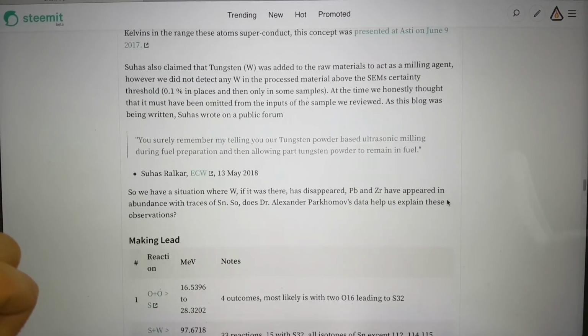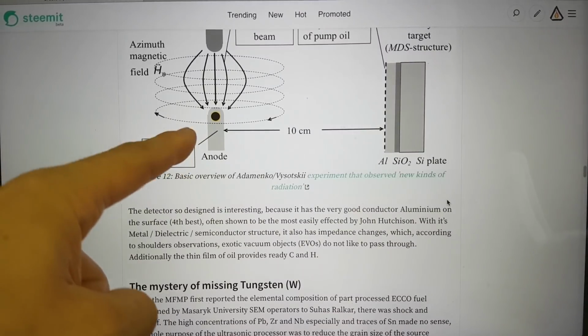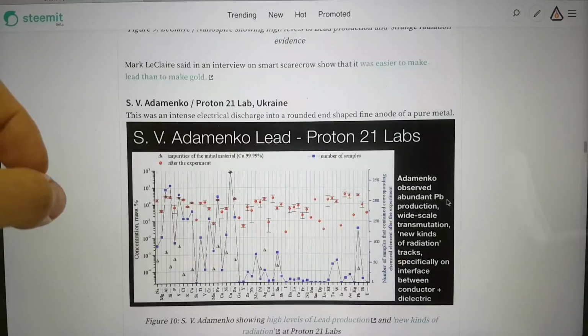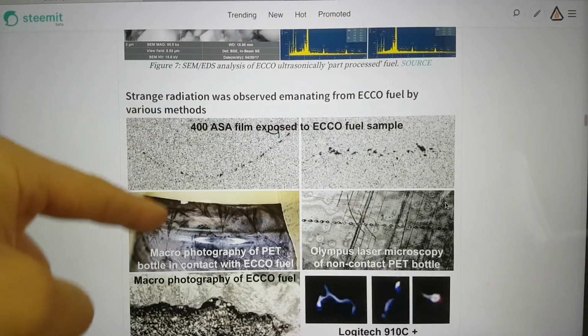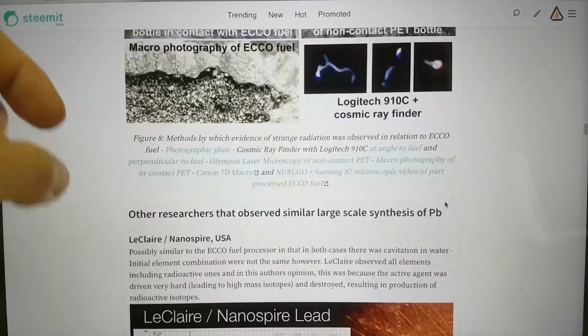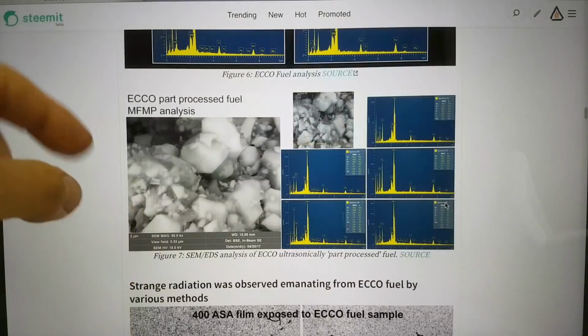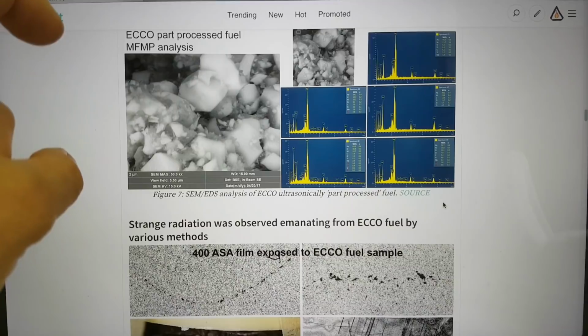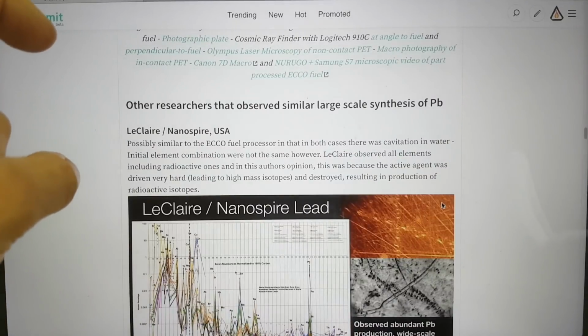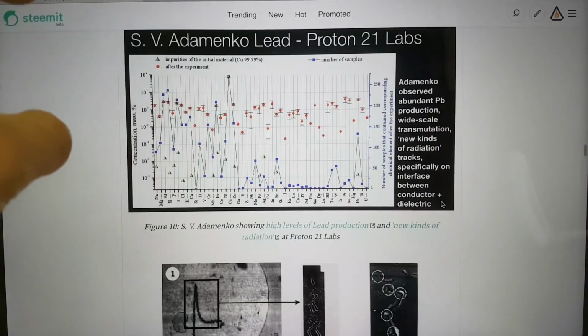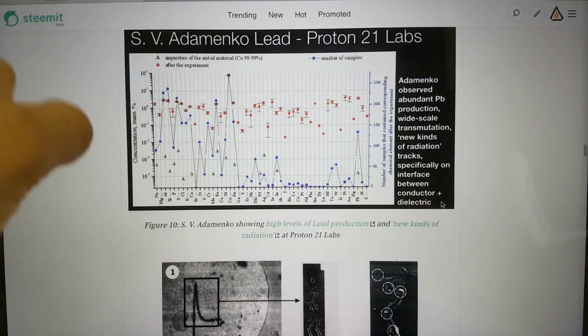And in fact, I would say that this reaction, the one of Adamenko, this reaction of LeClair and the Suhas fuel processor are all really hard reactions, and I would suggest that the Suhas fuel processor is less hard than either the LeClair or the Adamenko, with Adamenko being the most extreme.